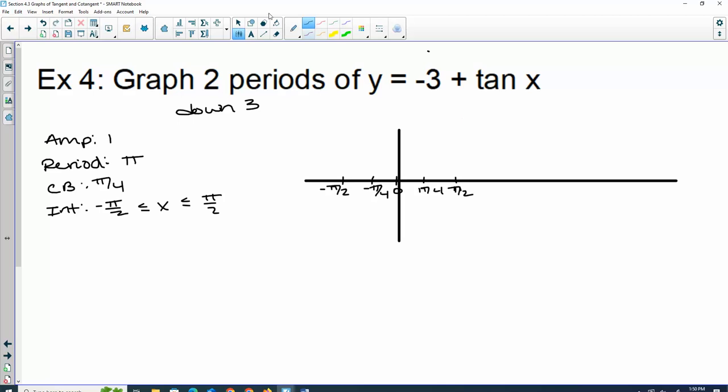We know that this graph is going to go down 3. So think about how we handled that with sine and cosine. We would go to -3 and draw a dashed line. That's our center line that we're going to go above and below.